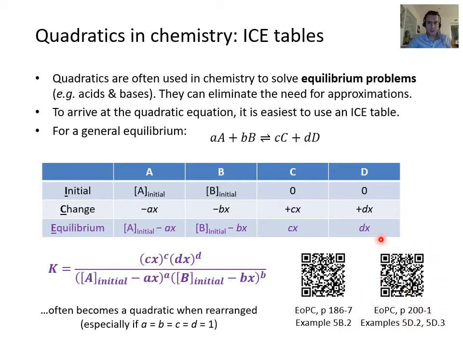And this is actually kind of handy in the acid-base ones, and I didn't talk about it when we went through acid-base chemistry before, but using this table, we remove the need for making certain approximations that I mentioned we were going to make. For example, we made an approximation that our concentration of undissociated acid would be the same as the amount we put in at the beginning. Now, you don't actually have to do this if you use an ICE table. So it's worth knowing both ways of doing it.